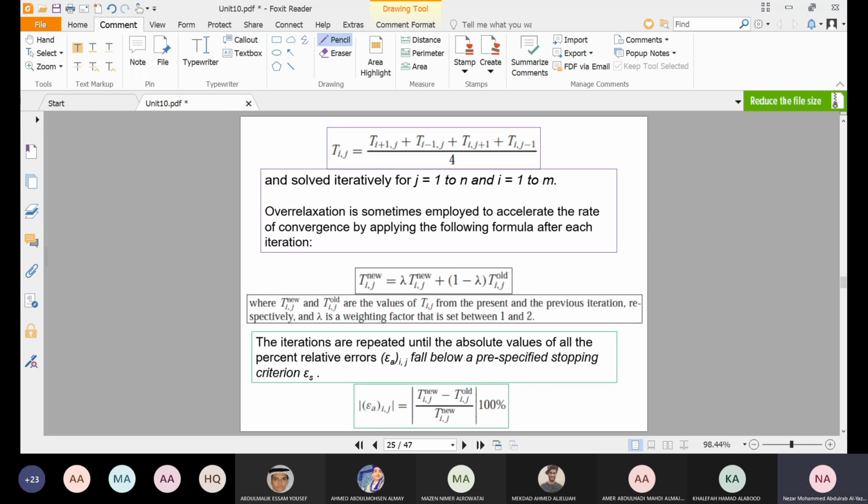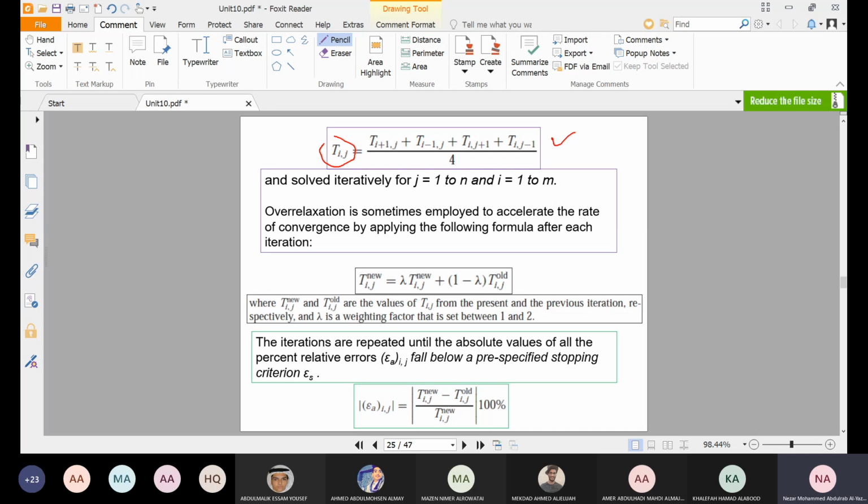So here is the equation. We rewrite the equation for the temperature, and we take the average of the temperature at the surrounding nodes. Our interest is to compute the temperature at Tij, and we take the average of the 4 surrounding nodes, the sum over 4.